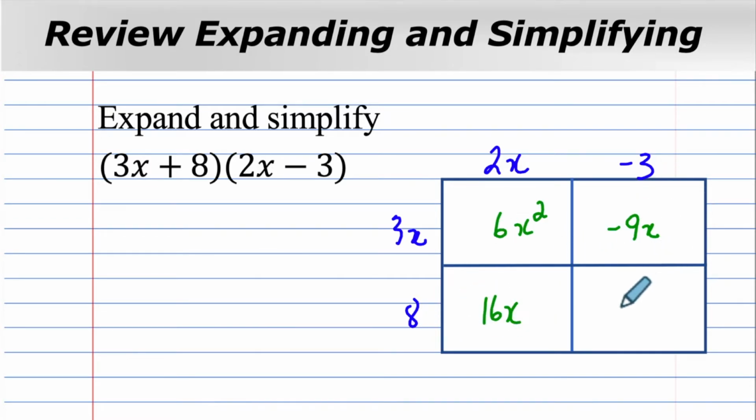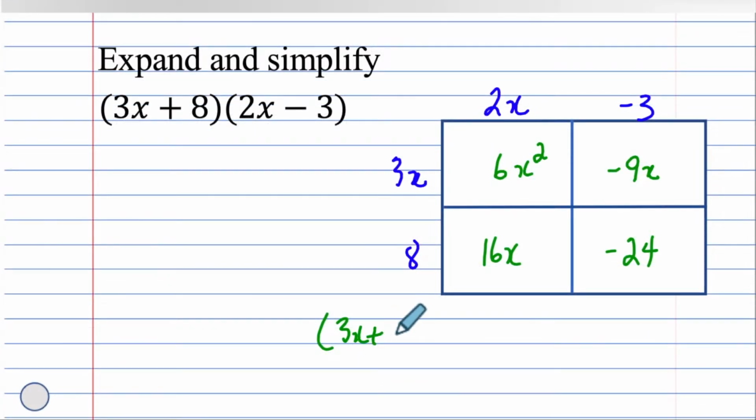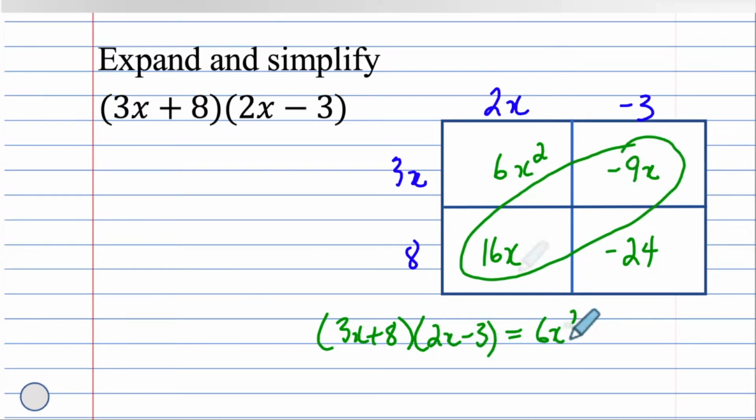And 8 times negative 3 is negative 24. 3x plus 8 times 2x minus 3 is the same thing as 6x squared, 16x plus negative 9x makes positive 7x, and a negative 24. This is the resulting trinomial after we multiply a binomial times a binomial.